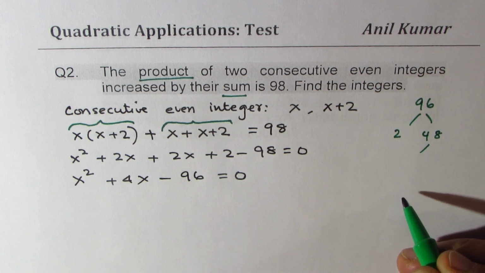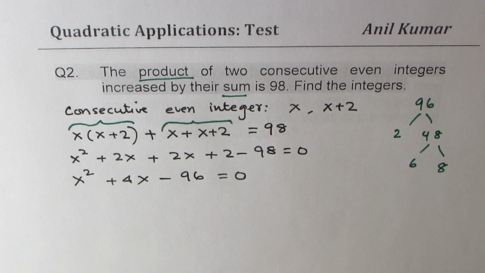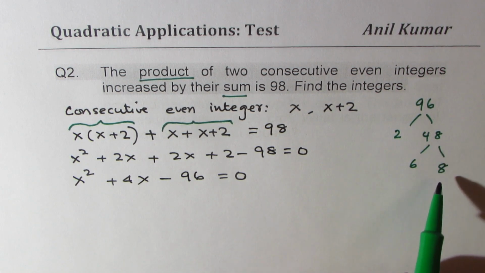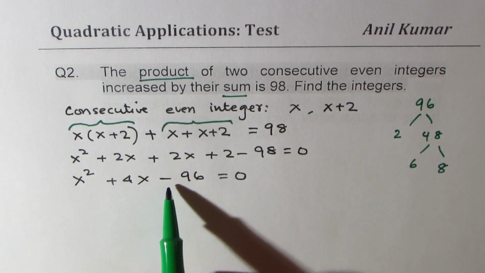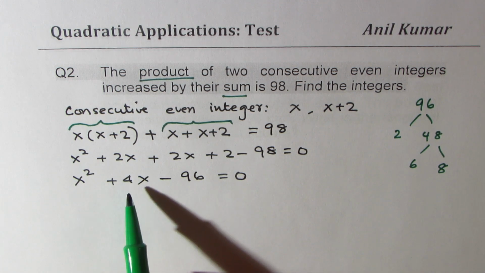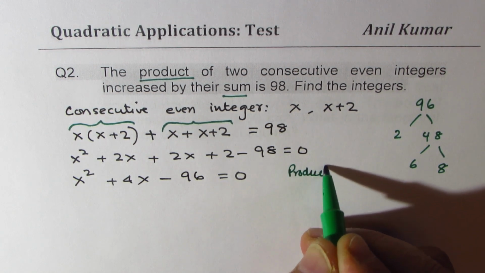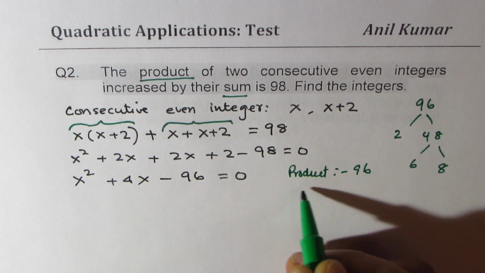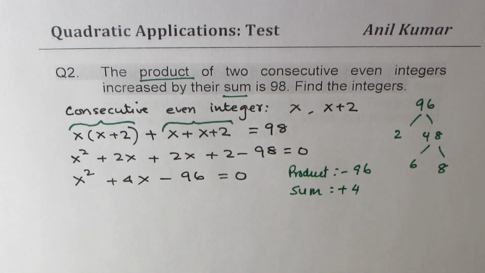And 48 could be divided by, let's say, 6 and 8. We are looking, always these numbers will give you the product. We want 4. Negative means what we are looking for is one positive and one negative. Positive number is bigger. So we are looking for a product of minus 96 and sum of plus 4. Correct? So what combination can give you this?